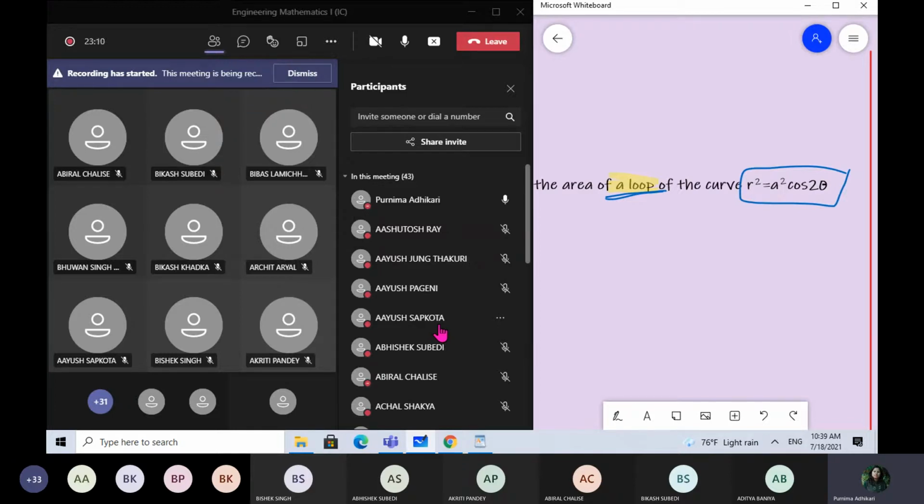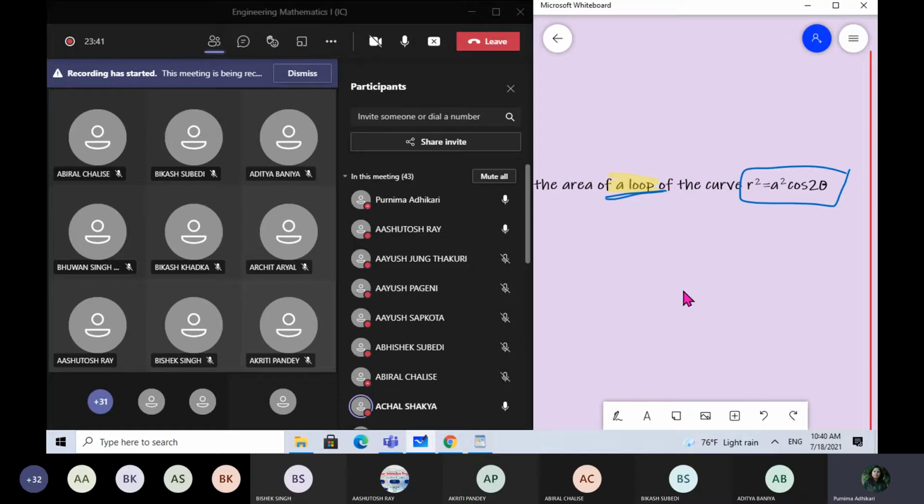I hope by now you have looked at the equation. Ashutosh, do you remember how many loops we have for this curve? Quickly, I want an answer quickly. Yes, Achal Shakya.